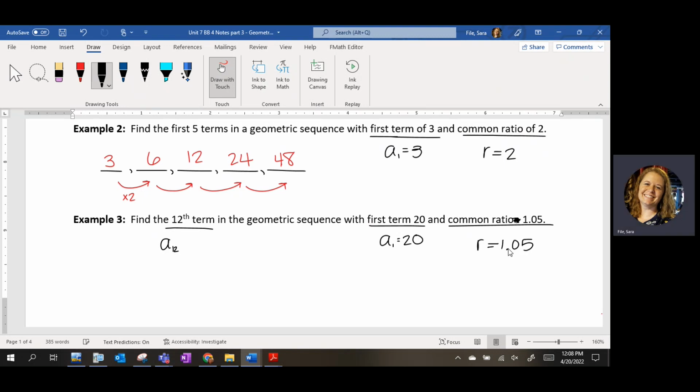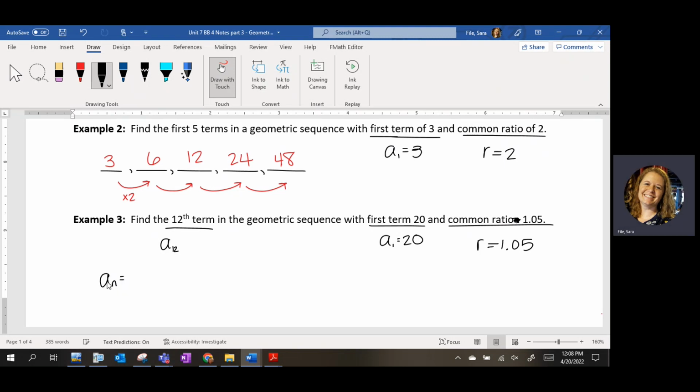So I could, in theory, go back and start with 20 and multiply times 1.05 times 1.05 times 1.05 all the way until I get to the 12th term, right? Yes. That would take a while. So that's why we have formulas.